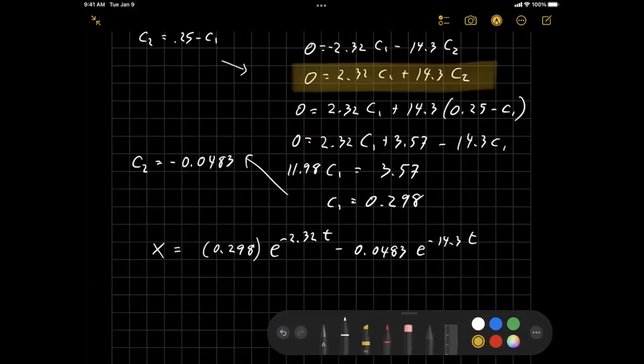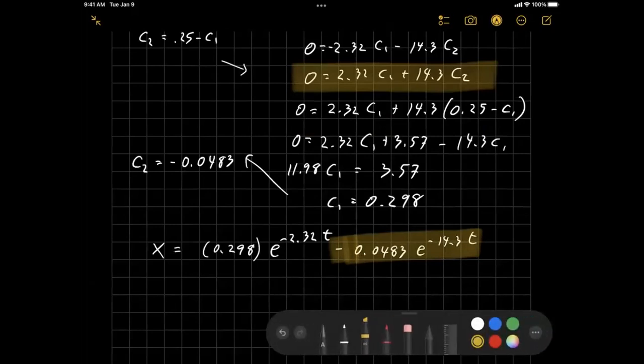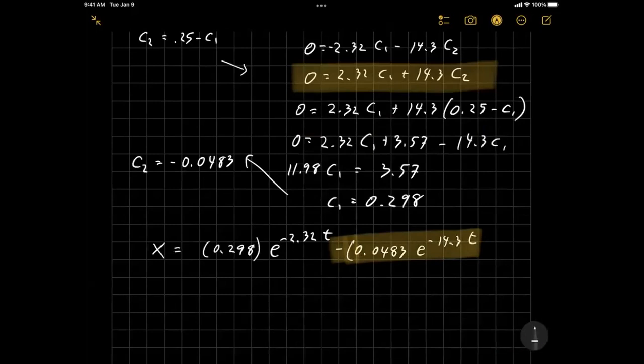Just of note, because this is negative, the second term fights the decay for a short period of time until it dies off, which is why the decay doesn't really start immediately. So that's just of interest to explain why it does what it does. Probably to be consistent, I should put both of those coefficients in parentheses.